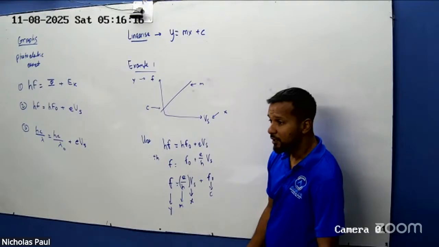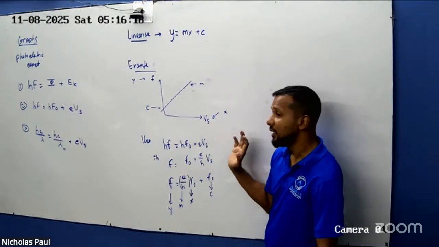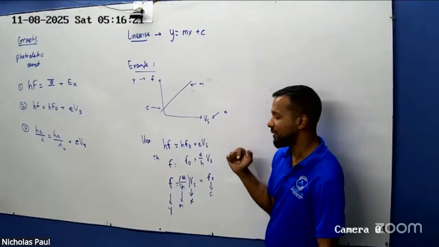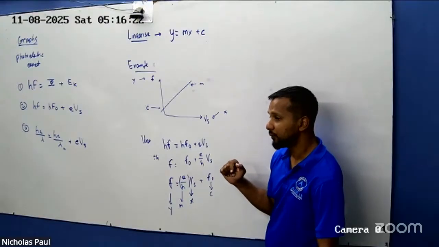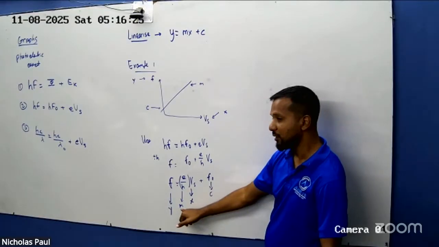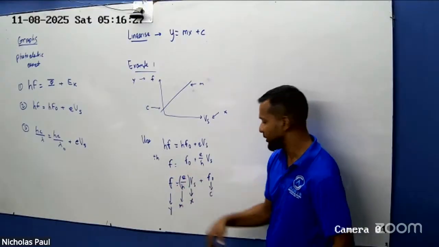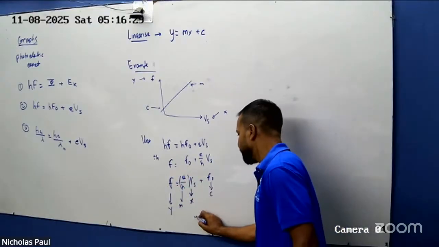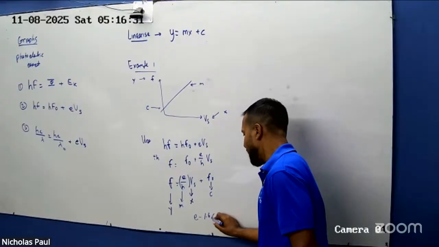If I said from the graph, find h, what would you do? Find the gradient, plug in e and find h. E is the charge of an electron.